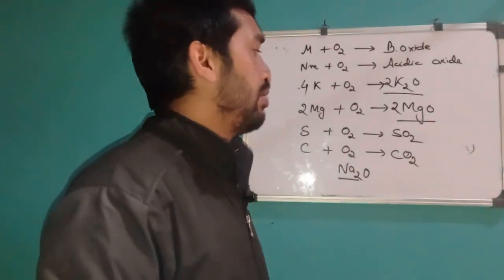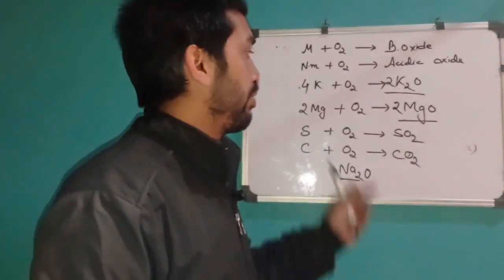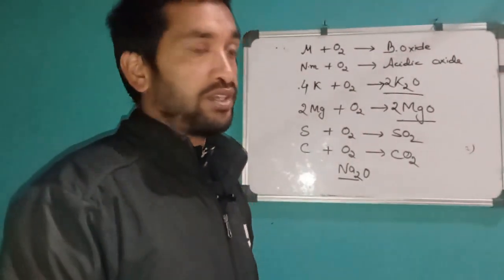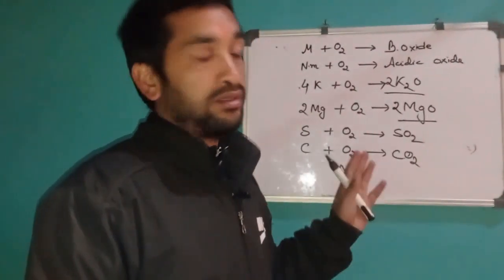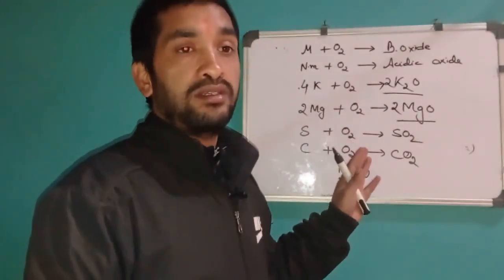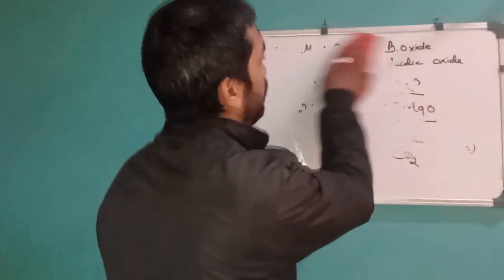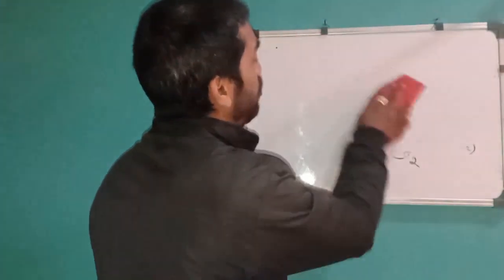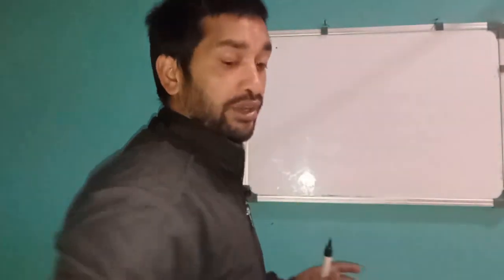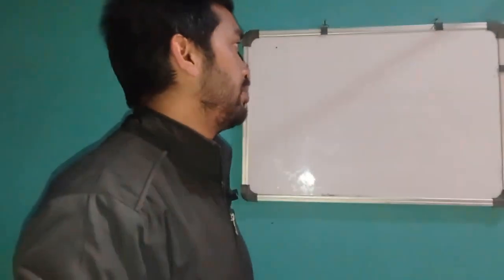In this way you can answer in a theoretical way, and for the reaction you can use these reactions. Whenever you are watching these types of reactions, pause the video and make a note of it in your notebook. Okay, now let us move on to the next reaction which is important in your chapter.